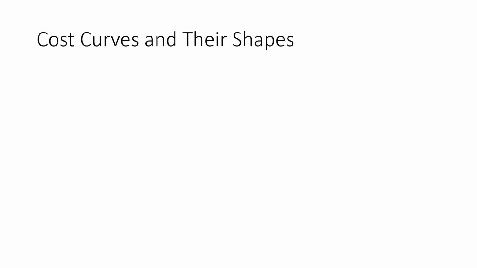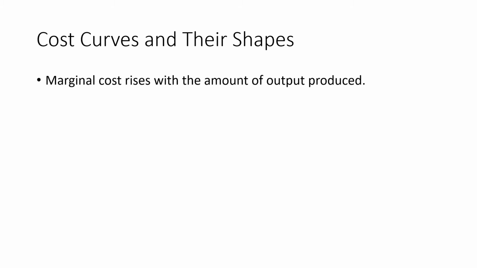So the first curve that we want to discuss here is the marginal cost curve. We already know about the marginal cost curve, that the marginal cost rises as the amount of output produced increases. And this is related to the marginal productivity of labor.